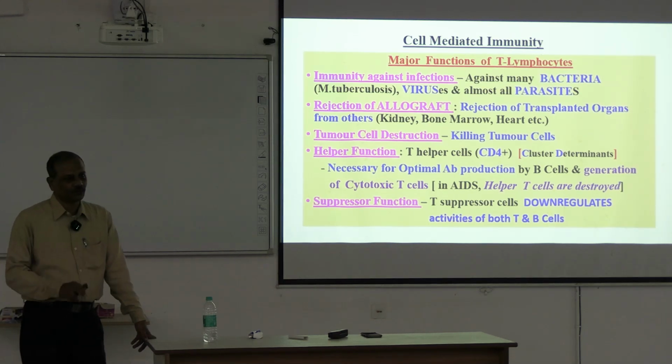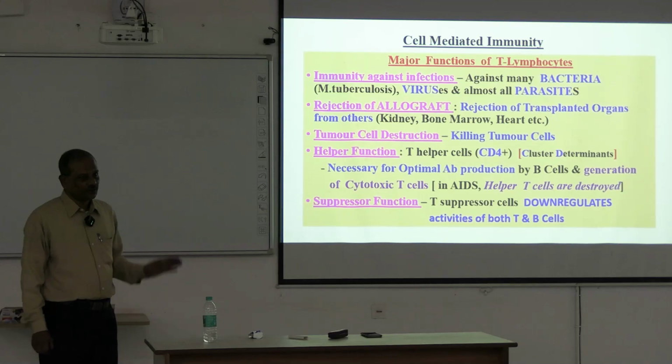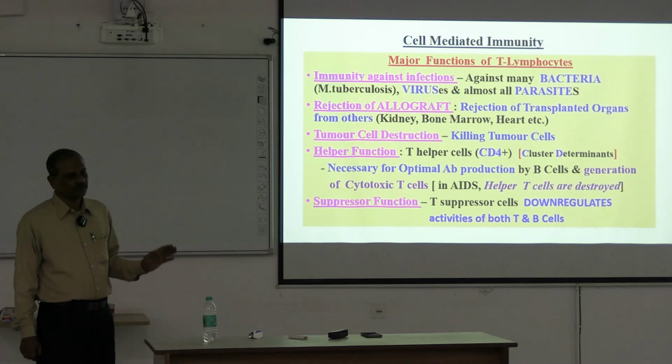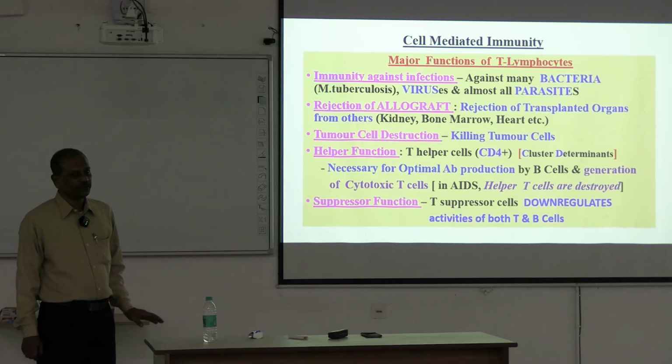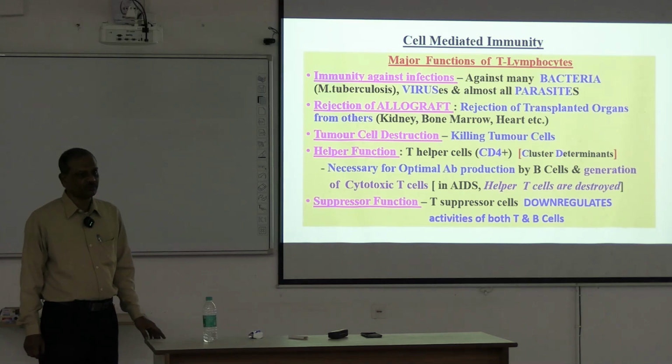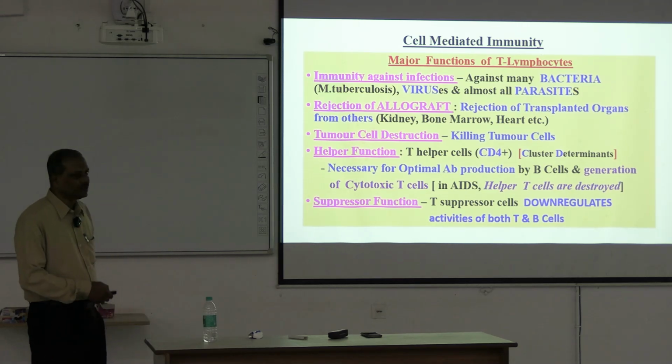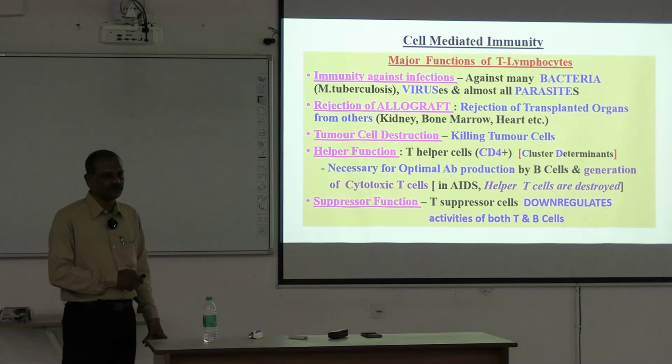Helper function: as I told you, I told you last time that the T helper cell helps in the production of antibody. So if T helper cells are destroyed, which happens in AIDS, antibody production will be hampered or reduced. In addition, it also generates cytotoxic T cells.